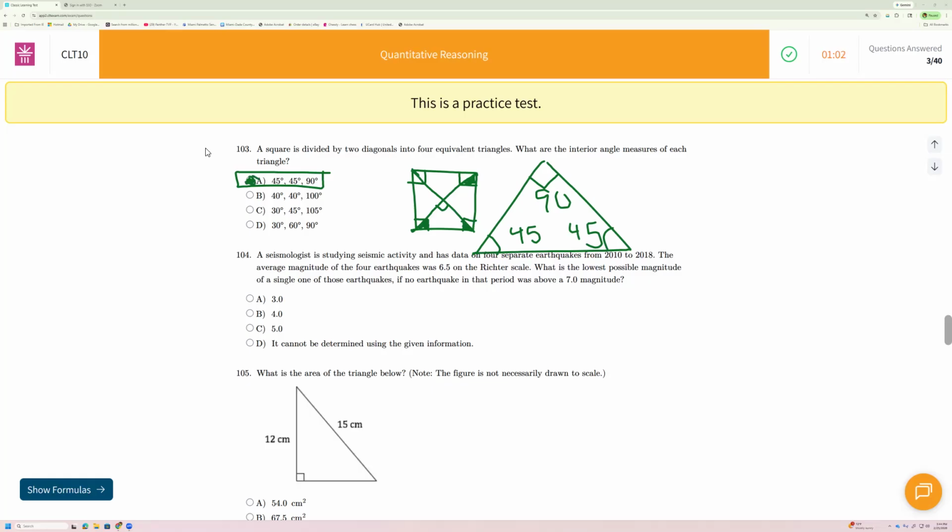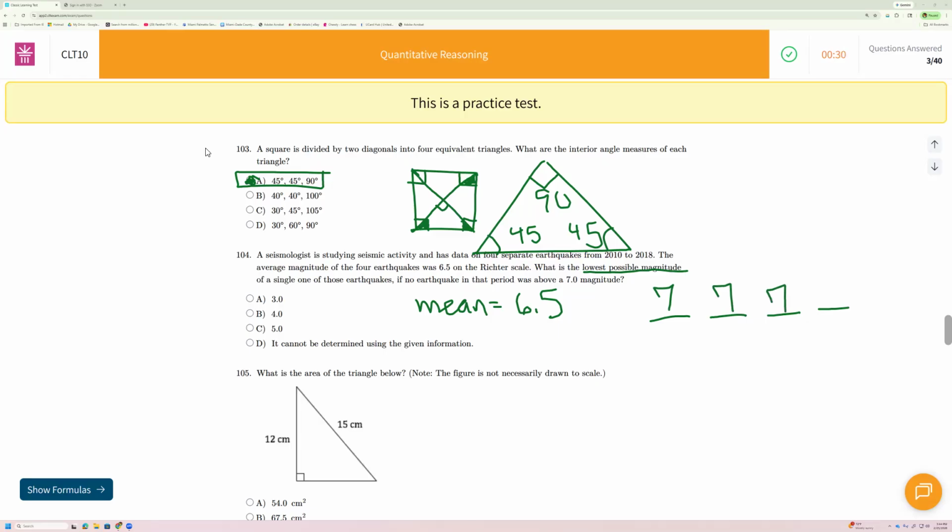Okay, the average, or mean, is 6.5. And the highest of 4 is 7. So at least we have a 7, but nothing above 7. And what's the lowest possible magnitude? All right, so to get the lowest, we need to make them all 7.